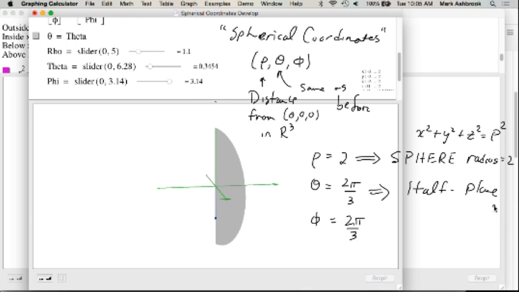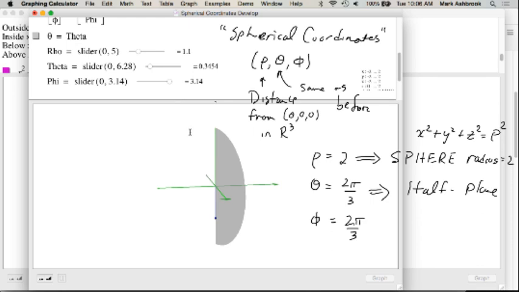Okay, what about phi equals 2 pi over 3? It's a cone. He said cone. What do you think? The angle extends upward. So what angle is 2 pi over 3? Phi is 2 pi over 3. Where does that point?